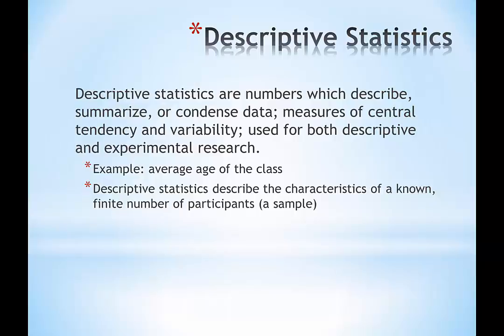It's not everyone enrolled at Boise State. It's a finite number of participants for whom I can calculate the mean and the standard deviation with pretty good accuracy, and that will help me describe to others the key characteristics of the sample that I am studying. It might also help me make an inference back to whether or not this sample looks like the larger population of interest, whatever it might be in that study.